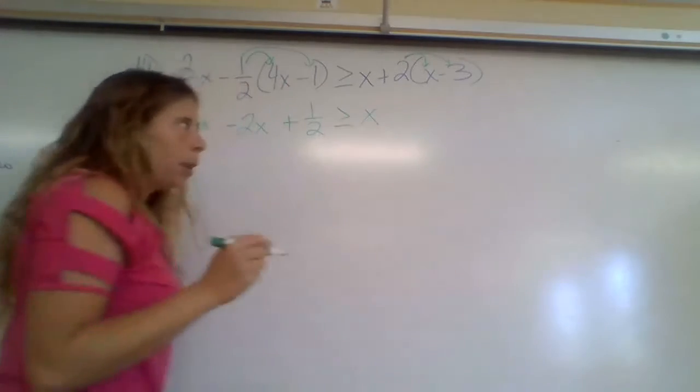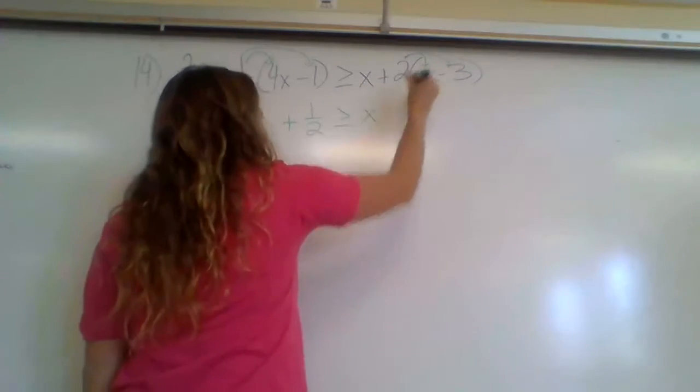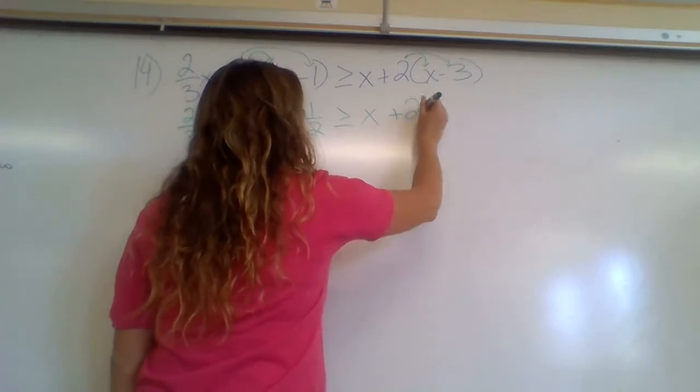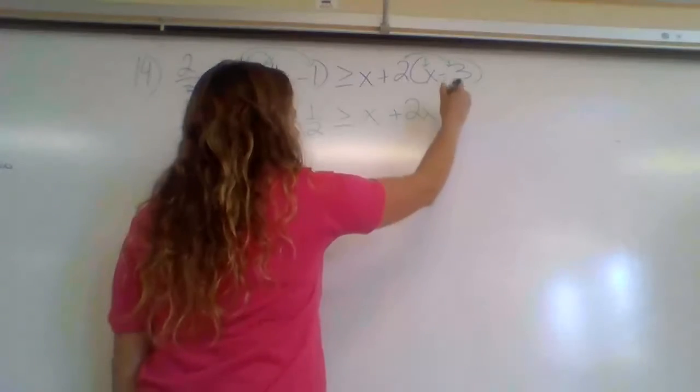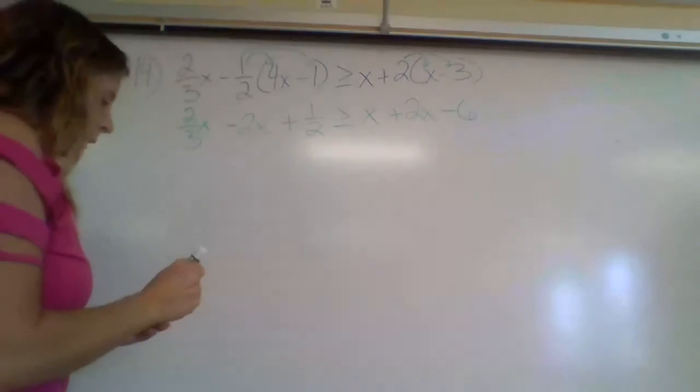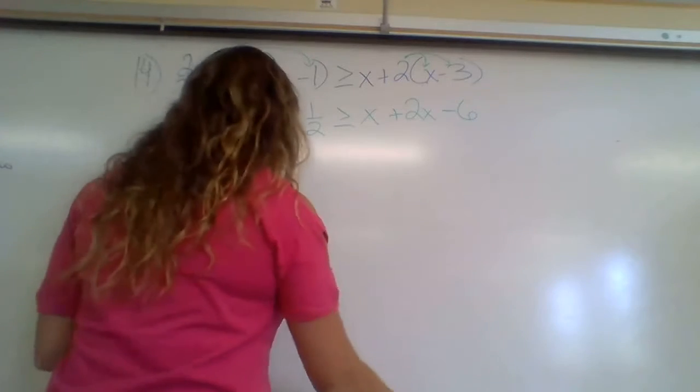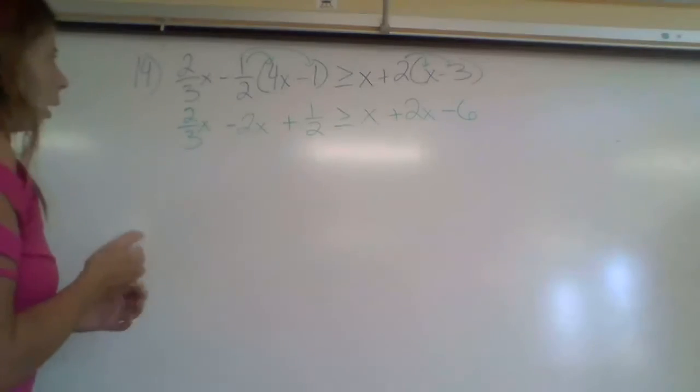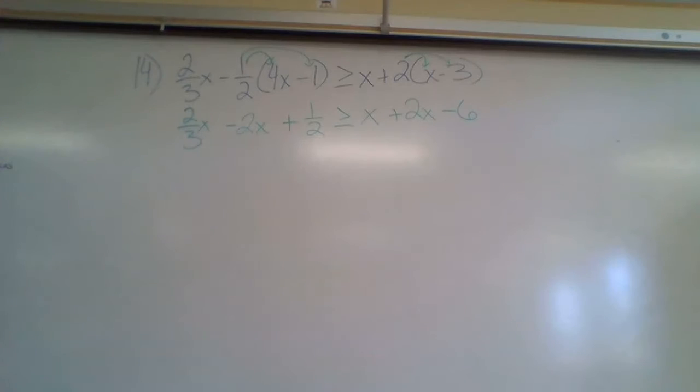And then we're distributing the 2. So 2 times x is 2x, 2 times -3 is -6. I'll switch colors, that's kind of hard to see. Alright. So now what I'm going to do is combine my like terms on both sides.